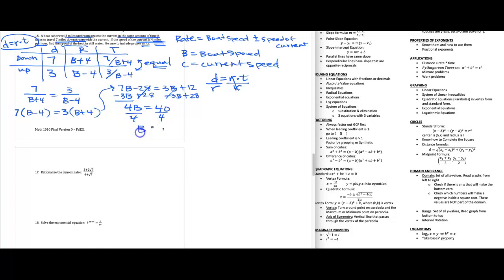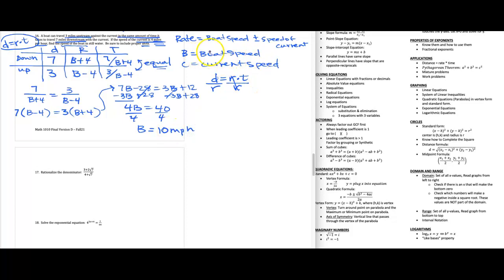So b equals what? What is that going to be? 10. 10 what? Miles. Yep, miles per hour, right?